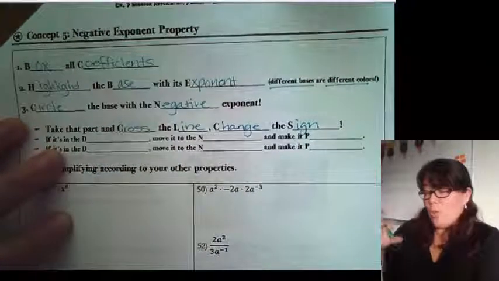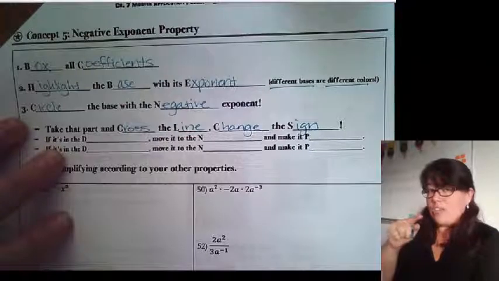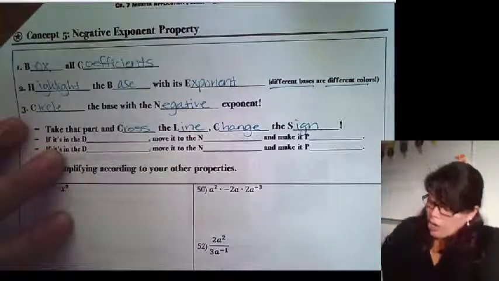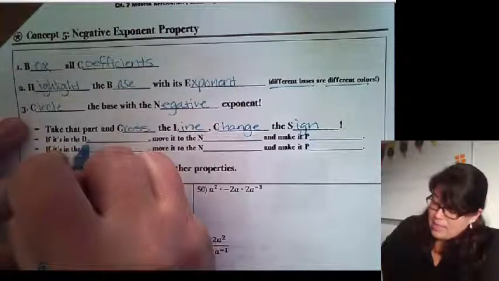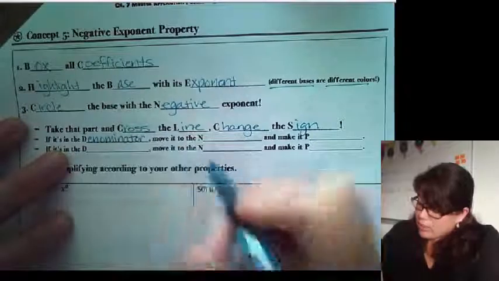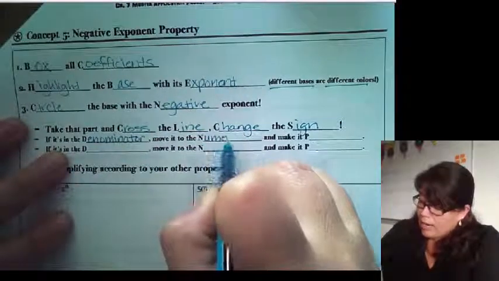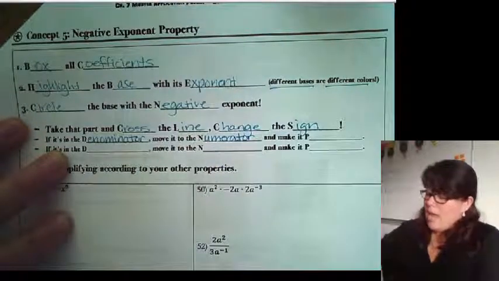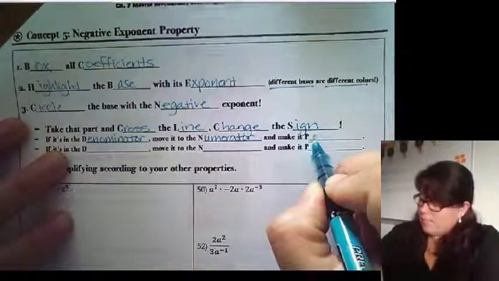But basically the words, I know some of you guys are really struggling with explaining math with words, so clue in here. You're going to know that if it's in the denominator, move it to the numerator. So if it's in the denominator, move it up top and make it positive.